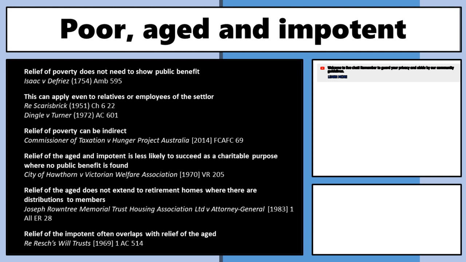Okay, I mentioned that this public benefit test probably doesn't strictly apply to relief of poverty. There's need to demonstrate that it goes across, and there is some arguments in situations where there have been, in some circumstances, situations where you can go and have poor employees or former employees in relation to the poverty test.